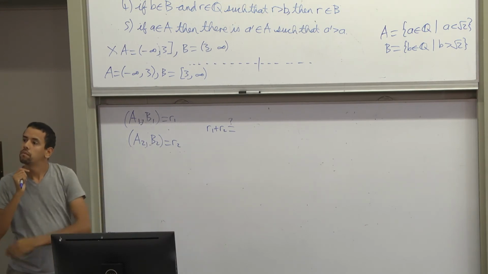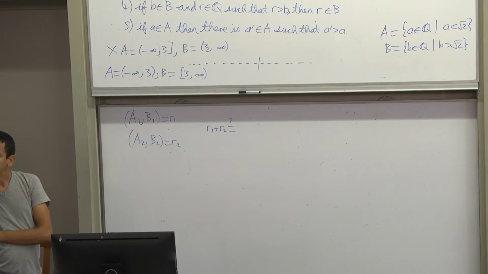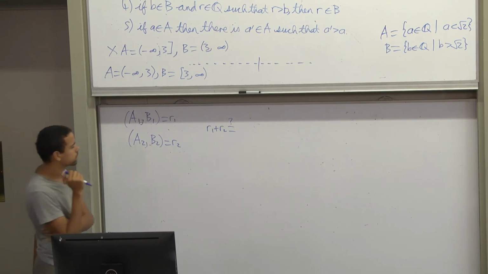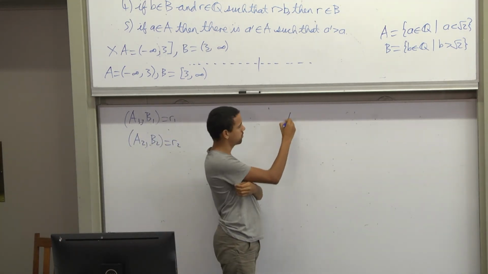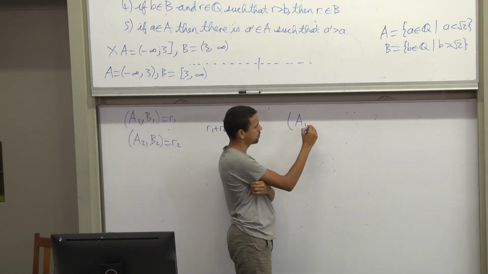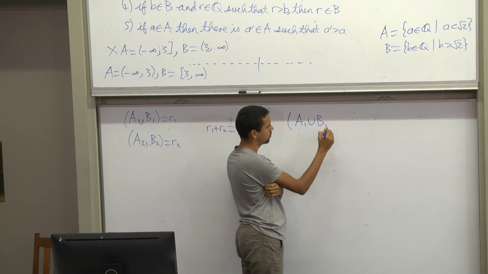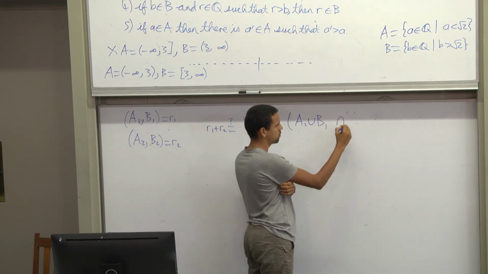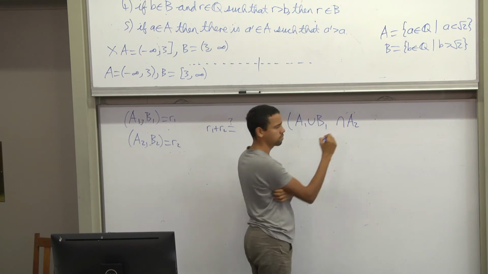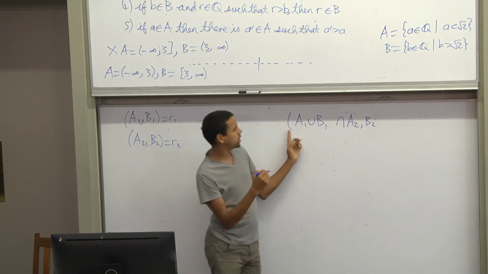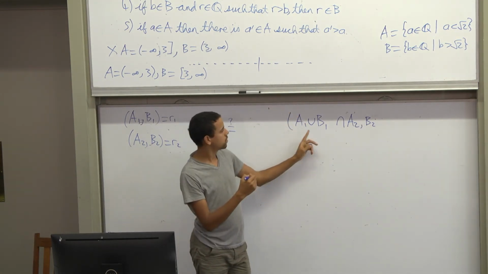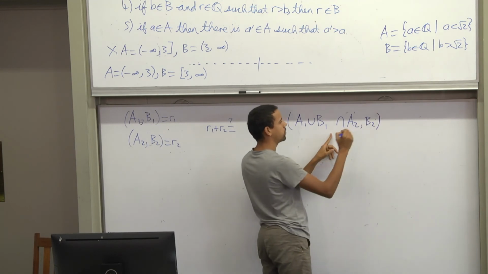The union of A1 and the overlap between B1 and A2 with respect to B2. I'm sorry, say that again? So, open bracket, A1 union B1 and A2, comma B2. Okay, where did the bracket close? It closes off at B2. Just as that's the Dedekind cut.